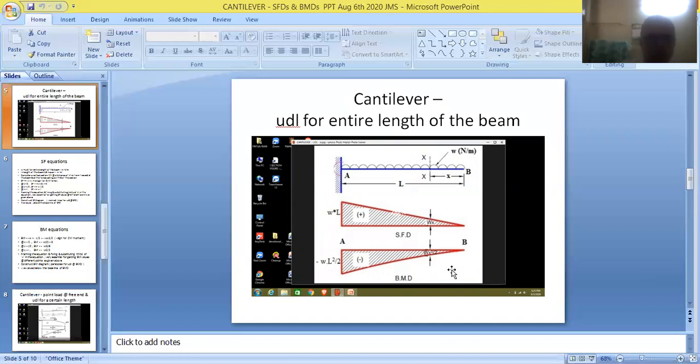And x equal to L, we got it as WL. So join all these points by means of an inclined line. So you'll be getting an inclined line in this fashion. So whenever there is an UDL, we'll be getting inclined lines on SF diagram. And at the same time, we'll be getting parabolas in the case of bending moment diagram.